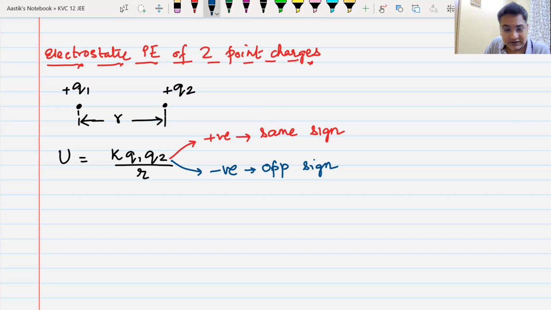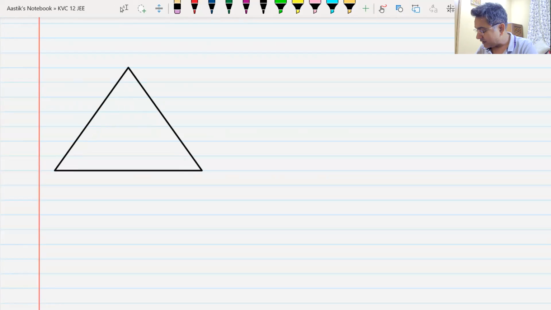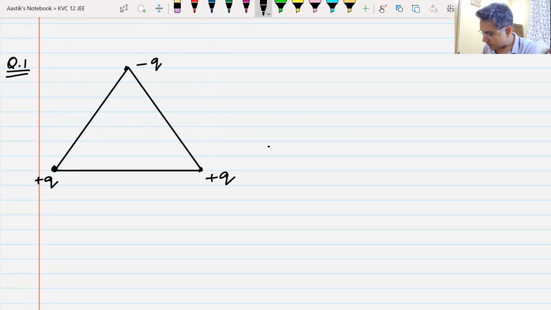To understand this concept, let us solve a question. There is nothing better than to understand a concept by solving a question. So what is the question that we are going to solve? Let us say that you have an equilateral triangle, and this equilateral triangle consists of 3-point charges, plus q, plus q and minus q.